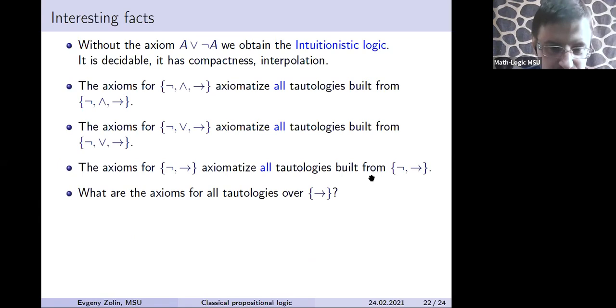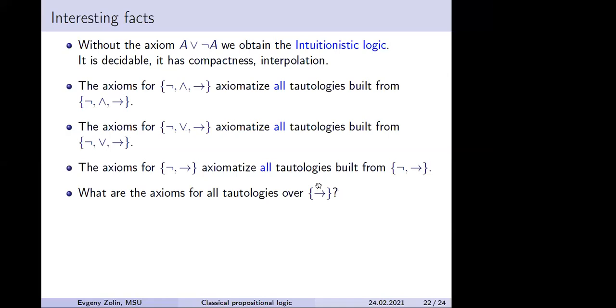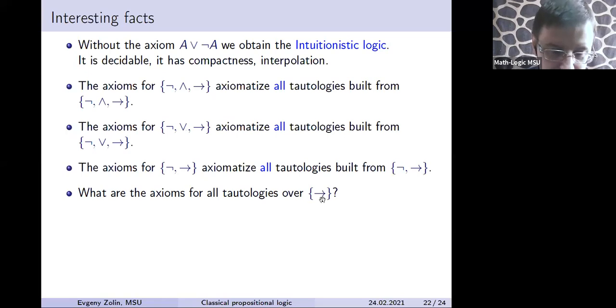And what about just one implication? Of course, you can say that implication alone is not a functionally complete system. You cannot express all Boolean functions from just implication, because implication preserves one. One implies one is one. But nevertheless, you can ask the following question.